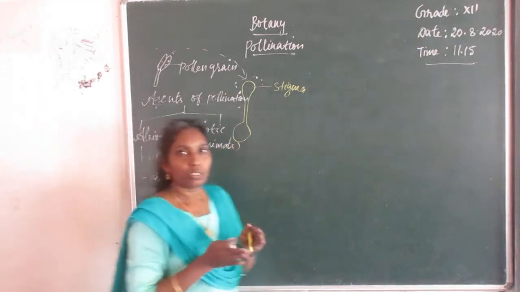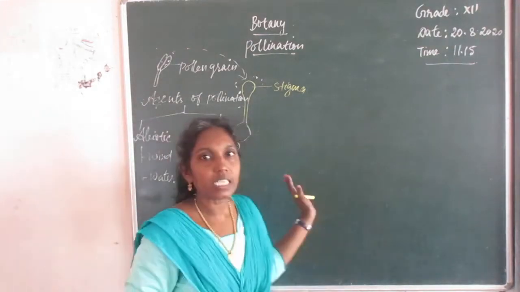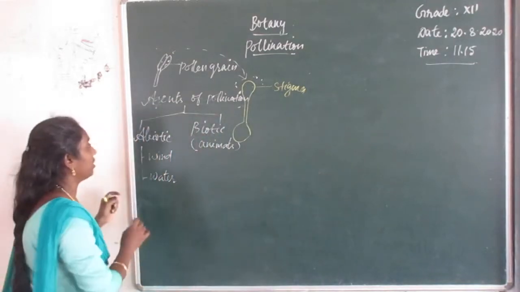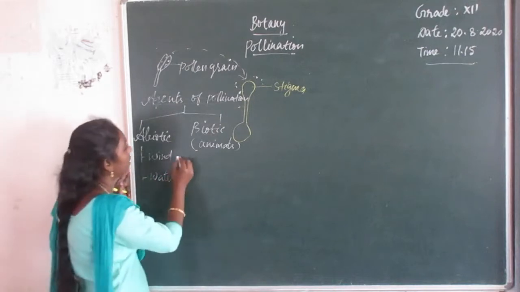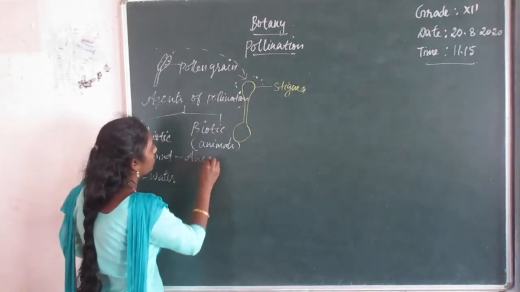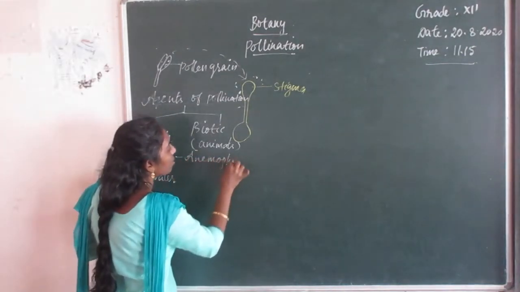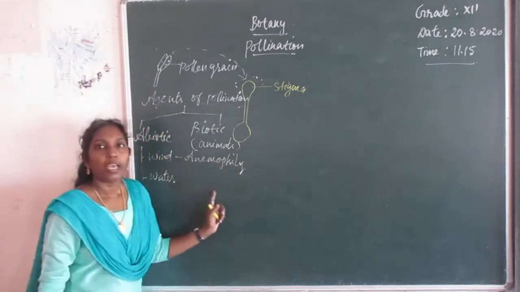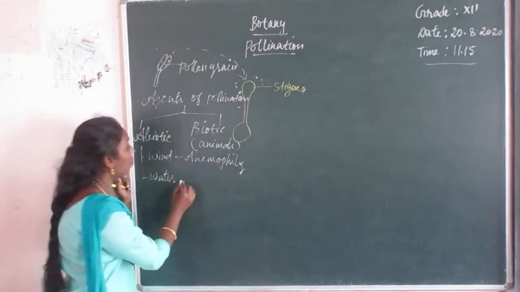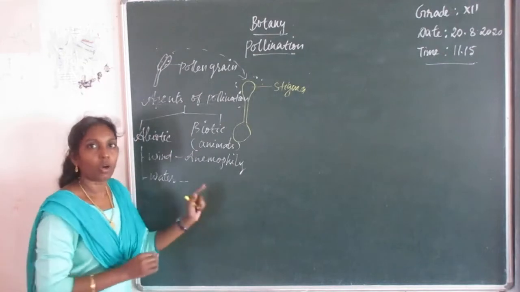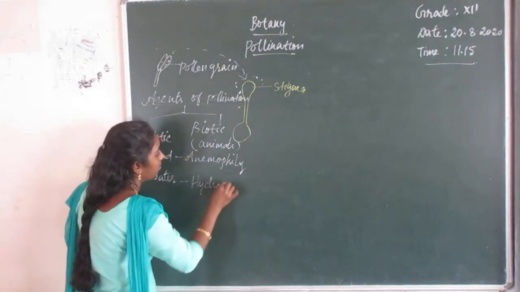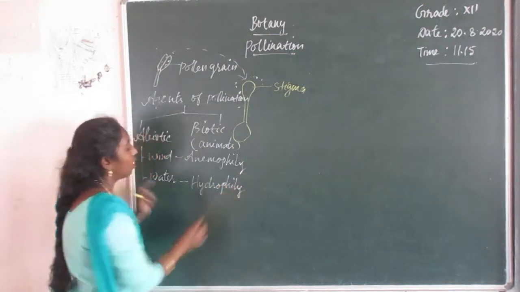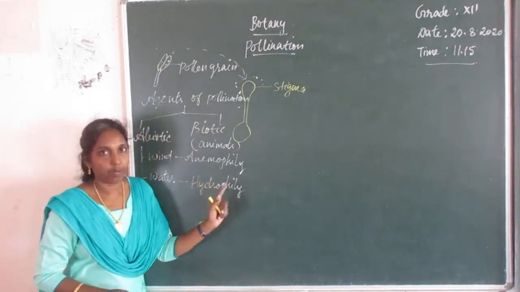So today we are going to discuss in detail these three types of pollination. Wind pollinated flowers are called anemophilous, and the process is called anemophily. The water pollinated flowers are called hydrophilous, the process being hydrophily.